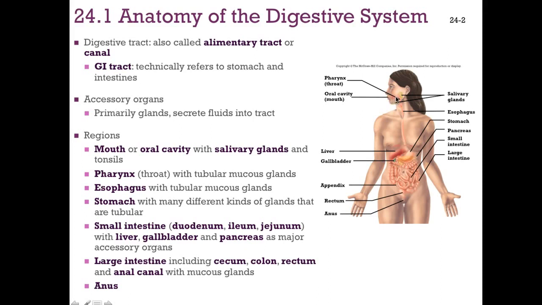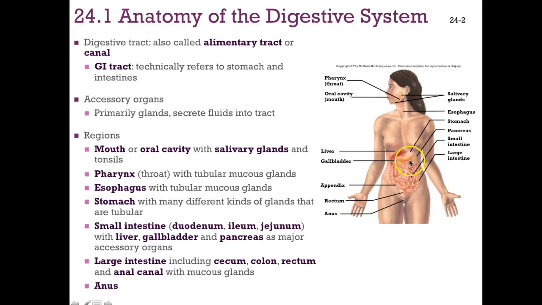Then we move posteriorly into the pharynx, specifically the oropharynx. We are going to have some tubular mucus glands here, and then we continue down the esophagus, where we also have some tubular mucus glands, and that will take us down to the abdomen where it'll connect with our stomach.